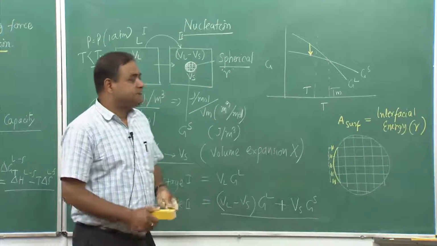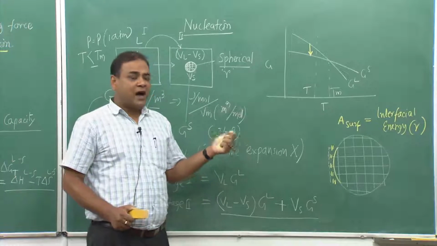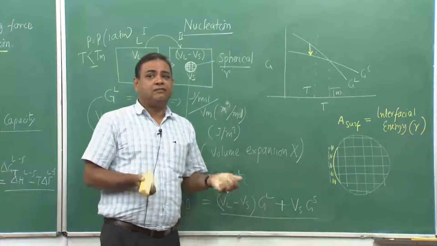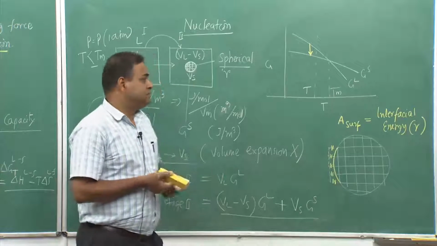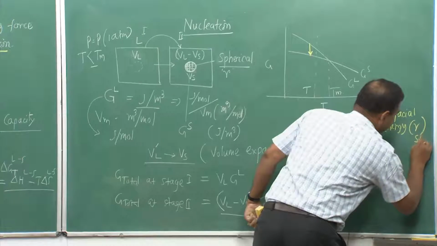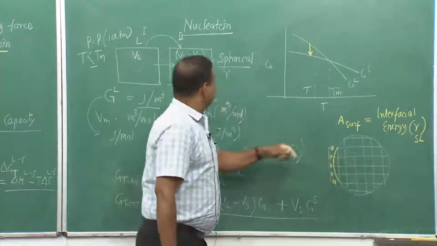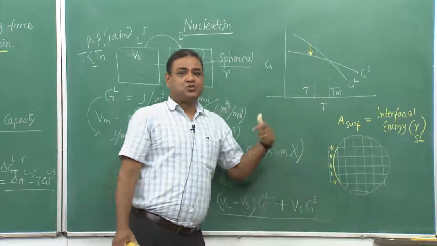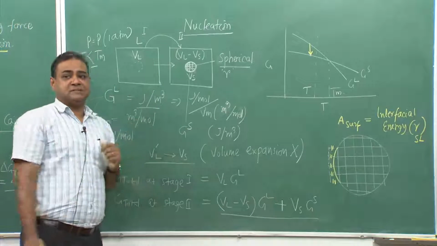So, in order to make a difference with the FCC gamma in iron, which is called austenite, or FCC gamma in alpha aluminum, which is nothing but the aluminum single phase alpha, we put it as SL in case of solid liquid. So, whenever I form a solid, I do create an interface and I do have interfacial energy which tries to increase the system energy.